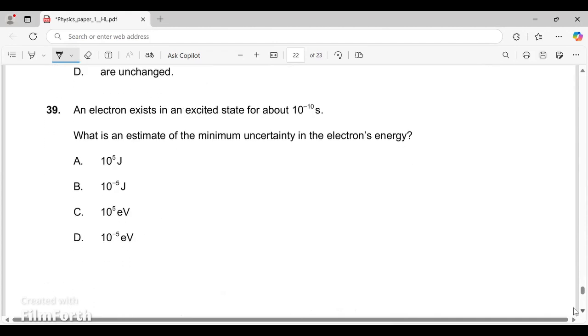An electron exists in an excited state for about 10 to the power minus 10 seconds. What is an estimate of the minimum uncertainty in the electron's energy?